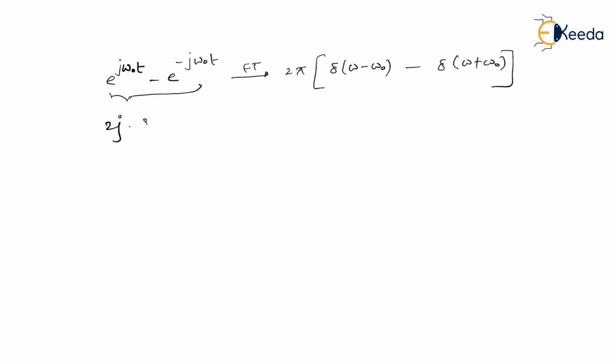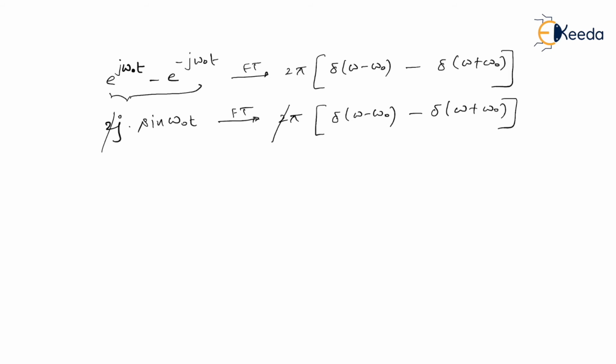So it is 2j times sine of omega naught t will have as Fourier transform 2 pi times del of omega minus omega naught minus del of omega plus omega naught. Here again 2 and 2 get cancelled. What is remaining is sine of omega naught t has a Fourier transform as pi by j times del of omega minus omega naught minus pi by j del of omega plus omega naught.